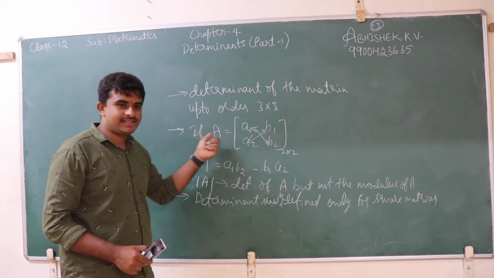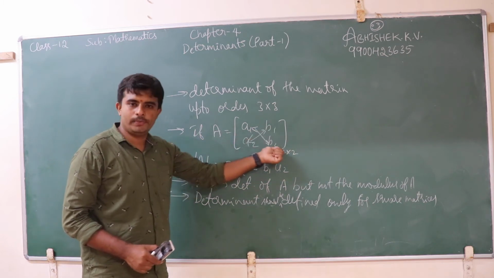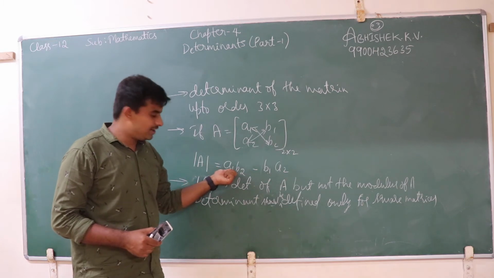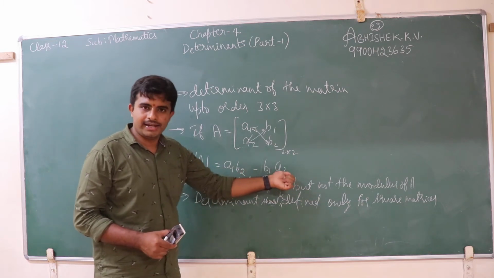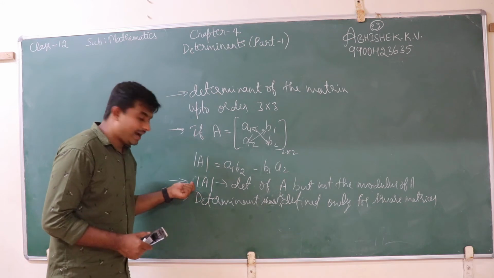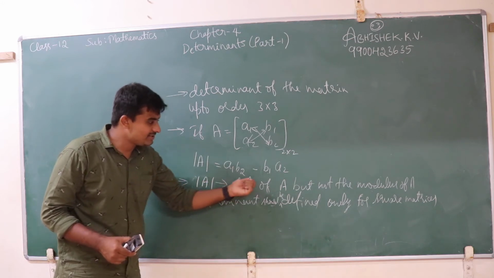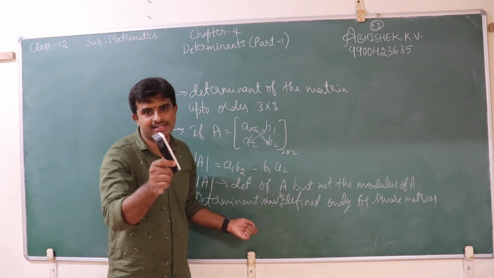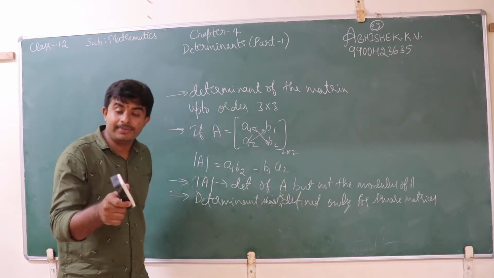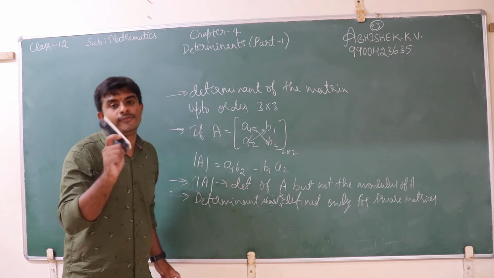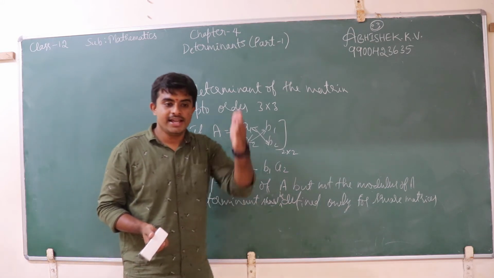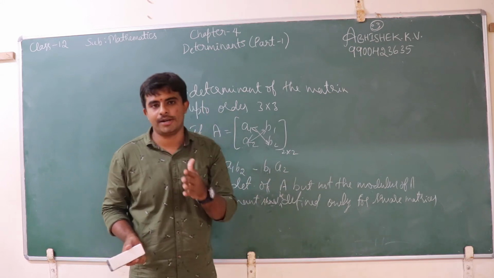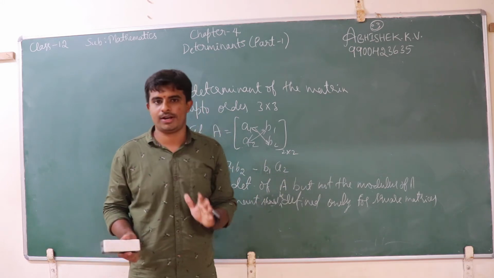If I consider the 2 by 2 matrix, then the determinant of A is denoted by this symbol, with the value a1 b2 minus b1 a2. This can be read as the determinant of A, but not the modulus of A. And determinant should be defined only for square matrices. What is a square matrix? A matrix is said to be a square matrix if it has an equal number of rows and columns, that is, the number of rows is equal to the number of columns.